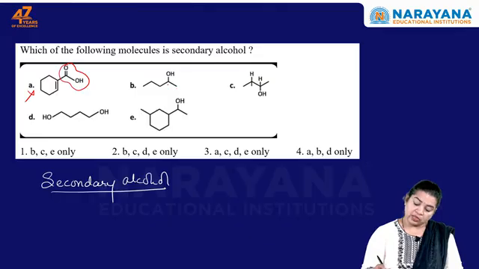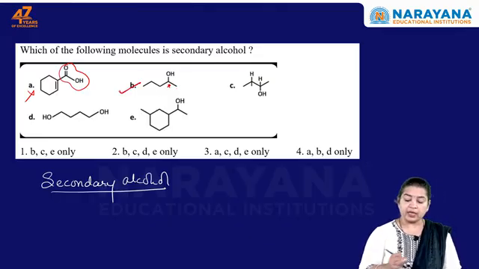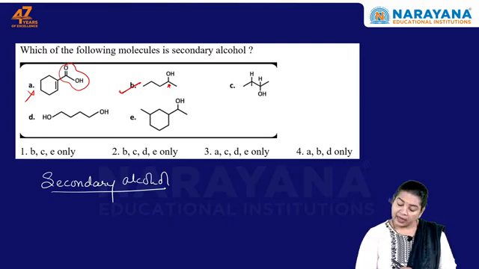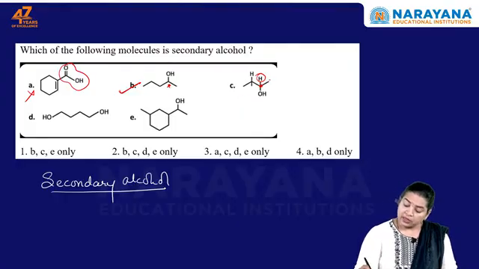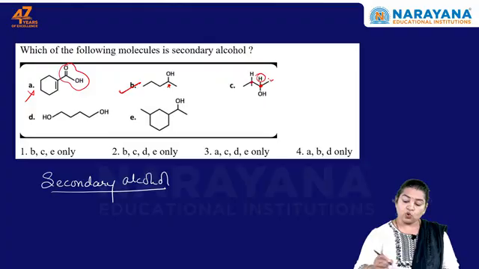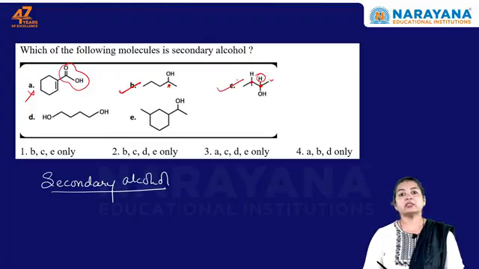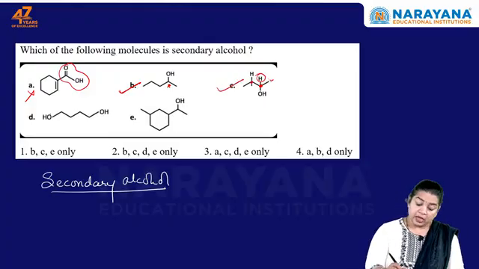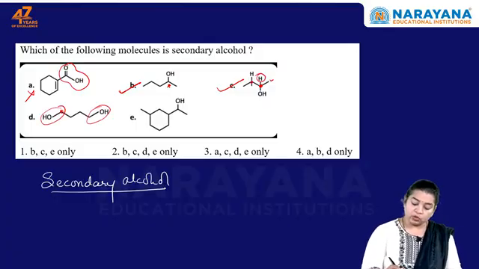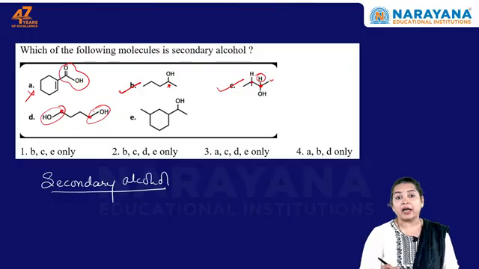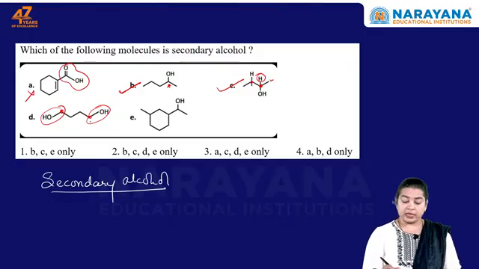See this particular one, this is a 2 degree alcohol, secondary alcohol. Here, hydrogen is there, it is not carbon. So yes, this carbon is connected to 2 more carbons. So C is our choice. Done. Here, in D, both the OH are connected to carbons which are primary or 1 degree in nature.